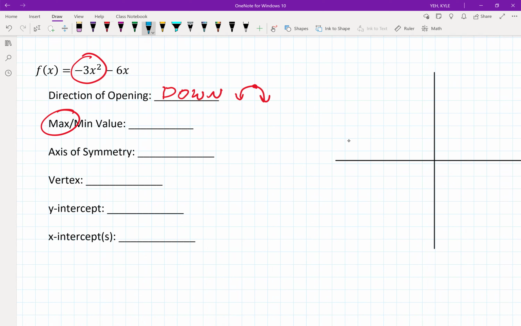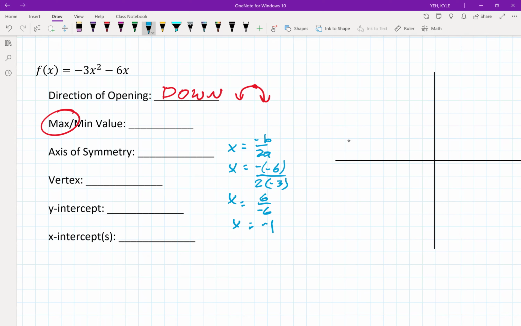Axis of symmetry. We know that the equation is x equals negative b over 2a. Negative, what was my b value? Negative 6, it looks like. So negative 6 over 2 times a was negative 3. 6 over negative 6, negative 1.